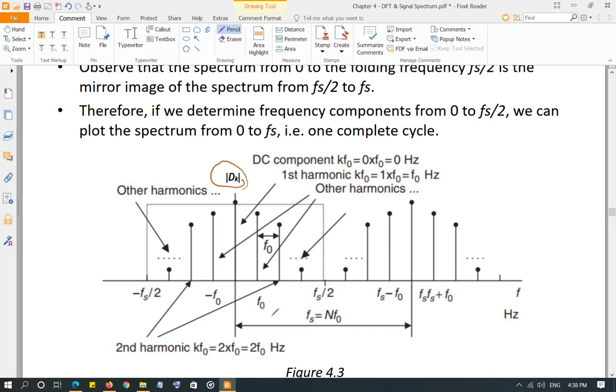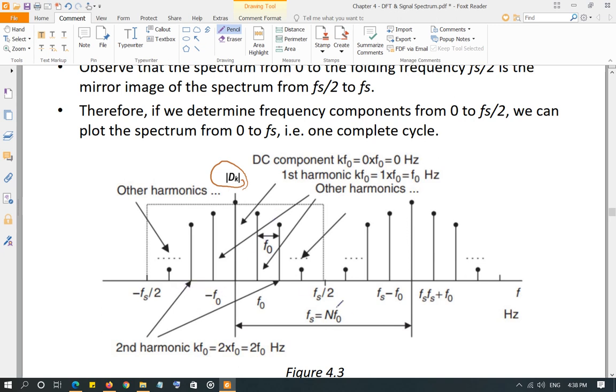As you can see, it has the periodicity of N, and then it will start repeating itself, and it has even symmetry. So positive values at k equal to 1 will be the same as k equal to -1, or f equal to f naught will be the same as f equal to -f naught, and so on and so forth.